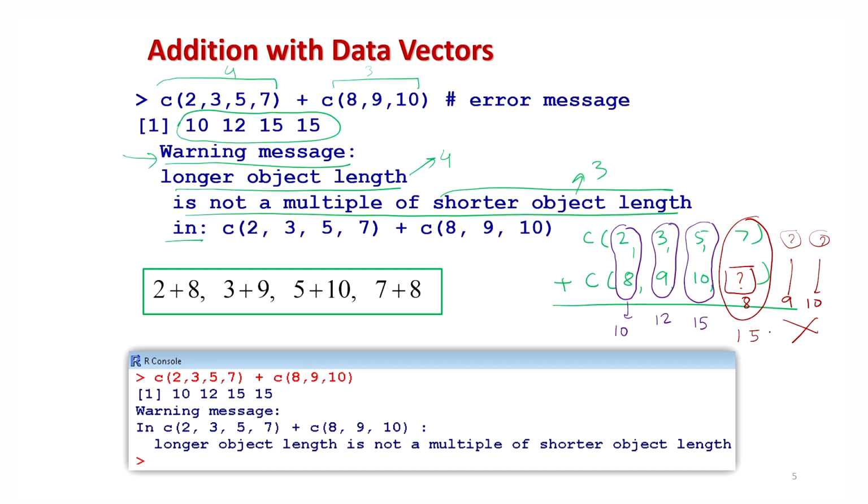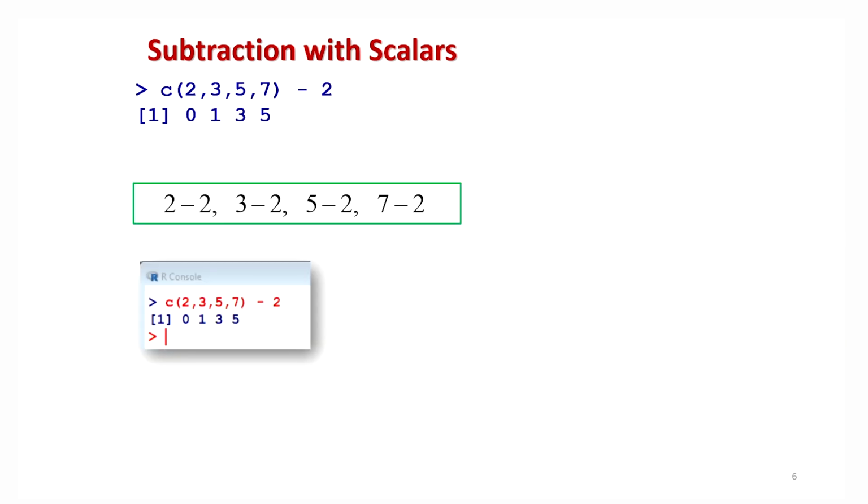And that is how this outcome 10, 12, 15, 15 is obtained, right. So you can see this is a very peculiar way of doing calculation inside the R software, but I promise you this makes our computation and calculation very simple when we write the program.